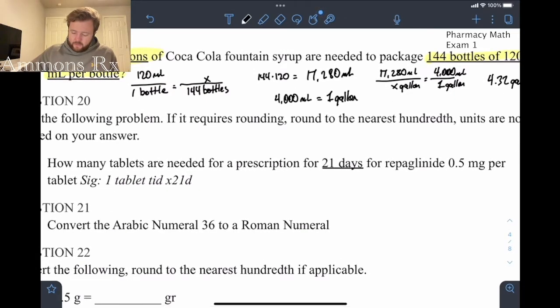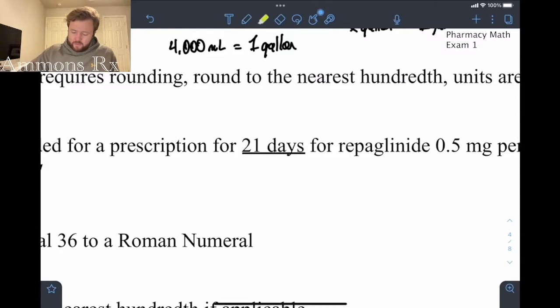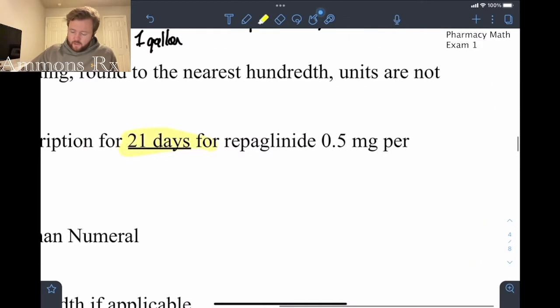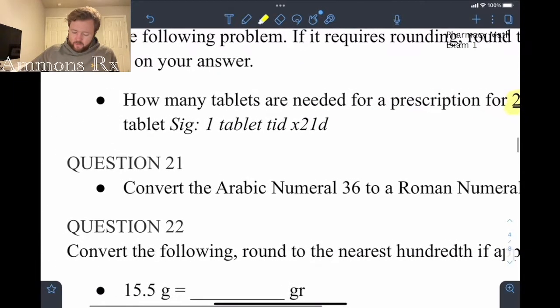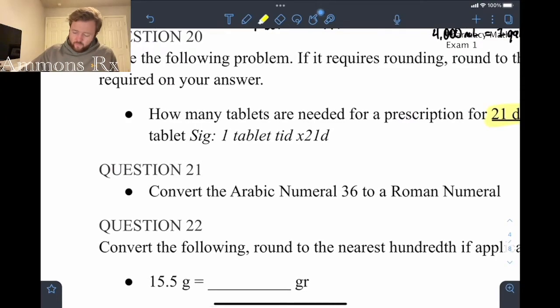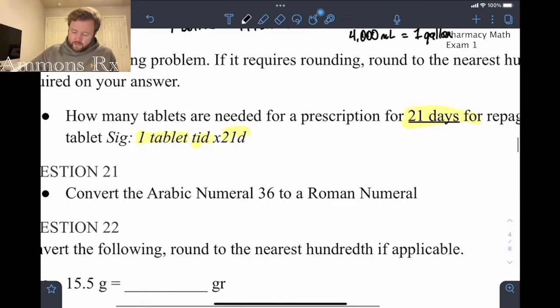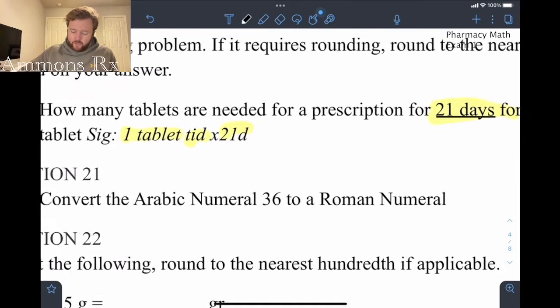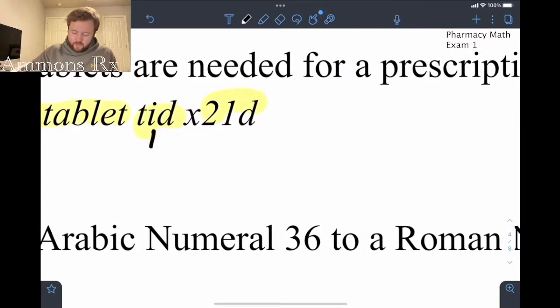How many tablets are needed for a prescription for 21 days? It is 0.5 milligrams per tablet. 1 tablet, 3 times a day, 21 days. So this is going to be for the entire prescription. What does TID stand for?